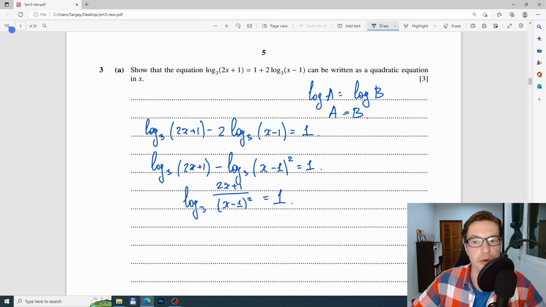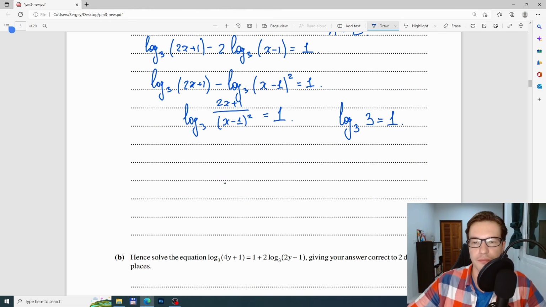Now, remember, our goal is to write the equation in the form log A equals log B. That means I will have to transform 1 into a log. I can say that log base 3 of 3 equals 1. So I'm going to replace 1 with log base 3 of 3, and I will get this.